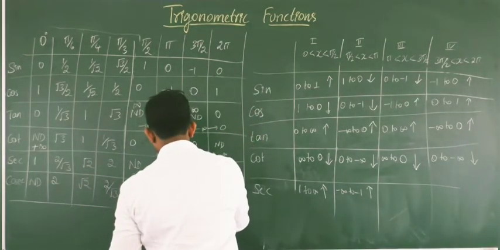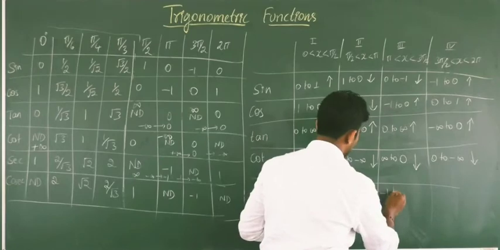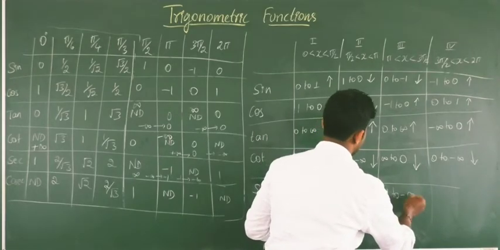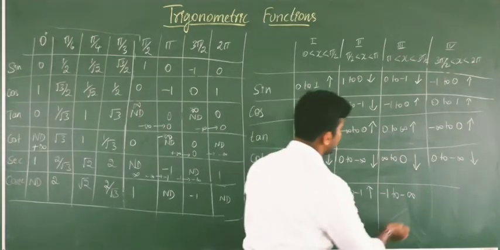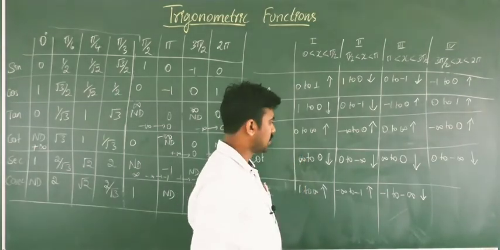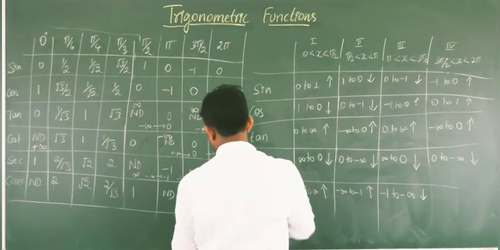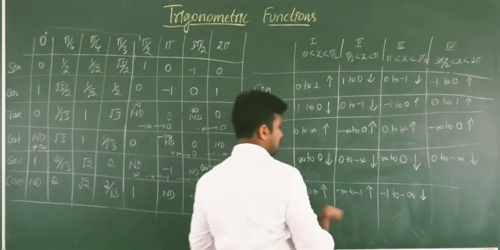In the third quadrant, the secant value goes from minus 1 to minus infinity, which is decreasing. And in the last quadrant, we'll get the value from infinity to 1.